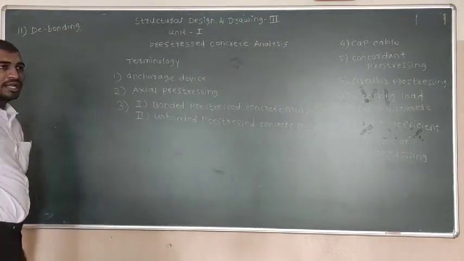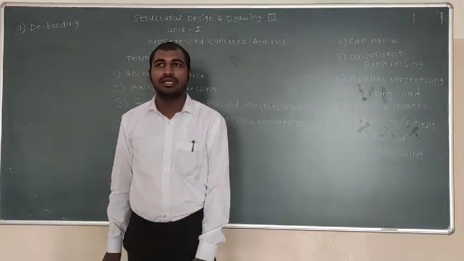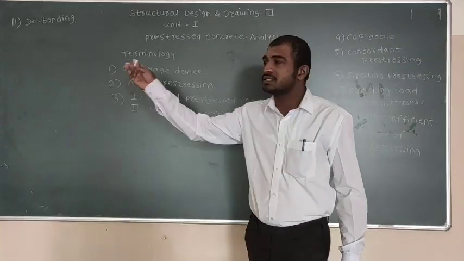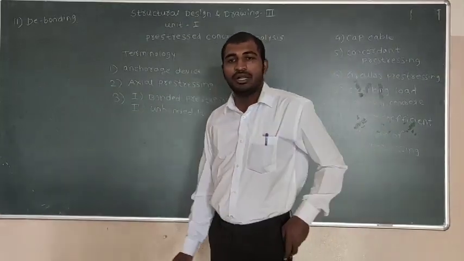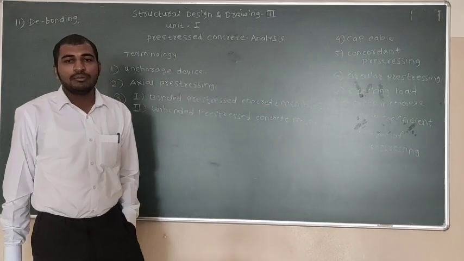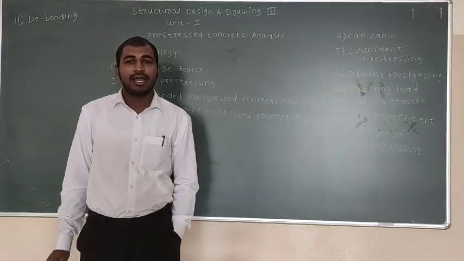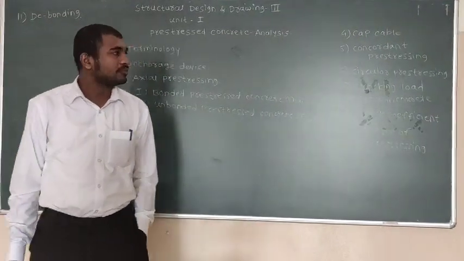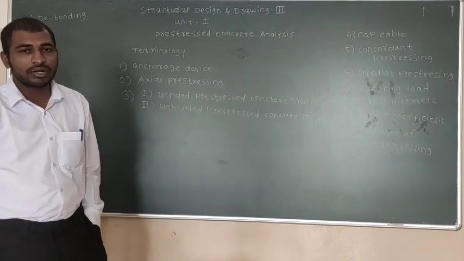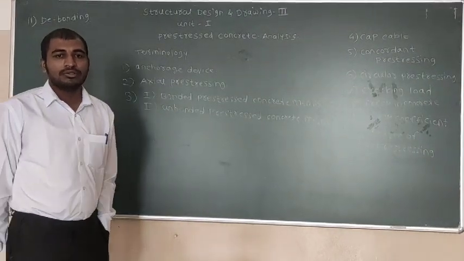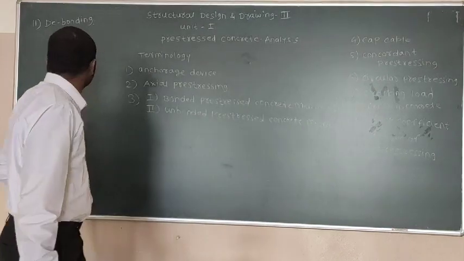There are 26 terminologies in this design subject. Then the 11th is debonding. Debonding is the prevention of bond between the steel wire and the surrounding concrete. Then the 12th one is eccentric prestressing.